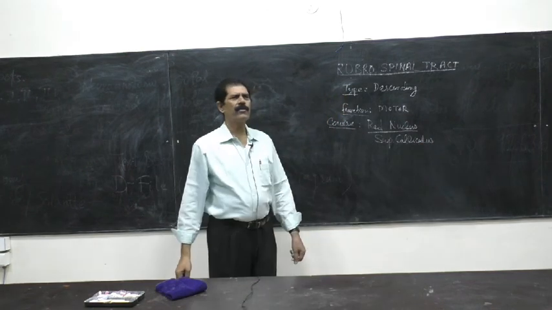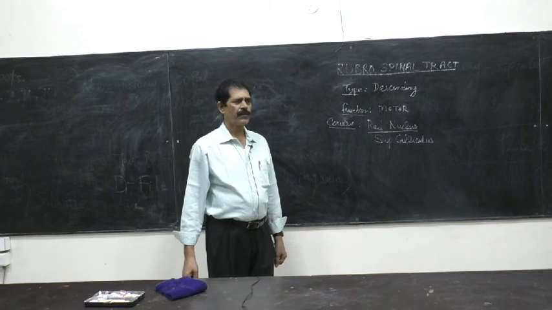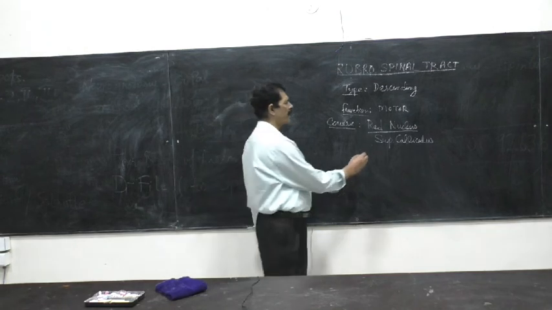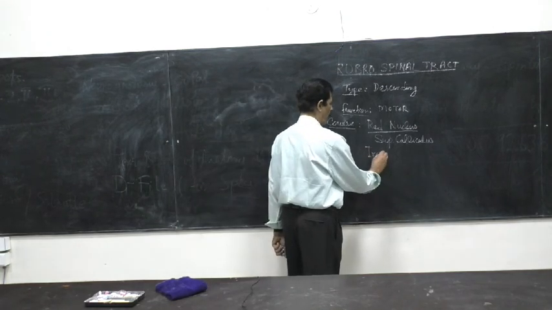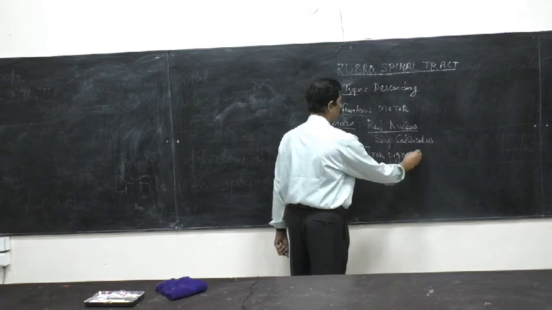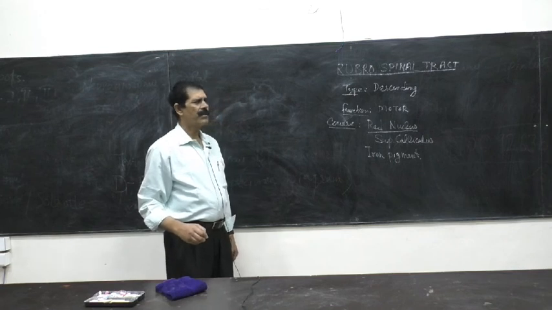And it is called red nucleus because the multipolar neurons of the red nucleus contain iron pigment, and because of the iron pigment, the cytoplasm is a red color. And this is called the red nucleus.